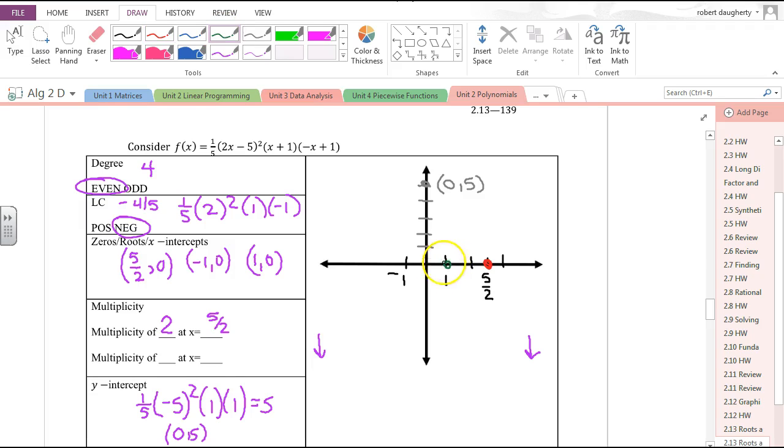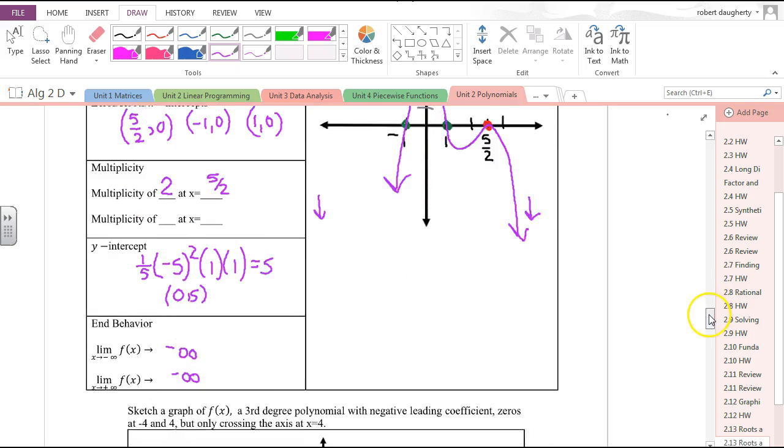But I will cross the axis at 1 and negative 1 and the y-intercept. So the only thing the graph can do if it starts at the bottom left is go up, hit the y-intercept, cross, and bounce, and then come back down in this direction. Okay, so it goes down in both directions, fourth degree, negative leading coefficient, and you see the behavior there at the x-axis.